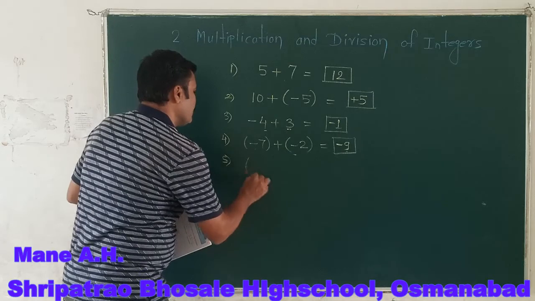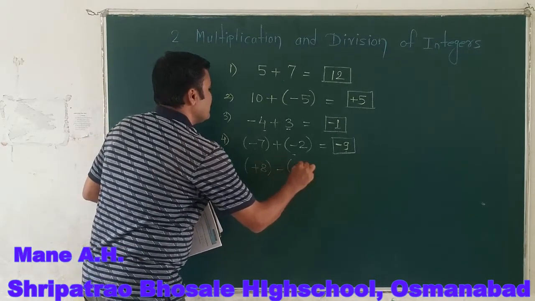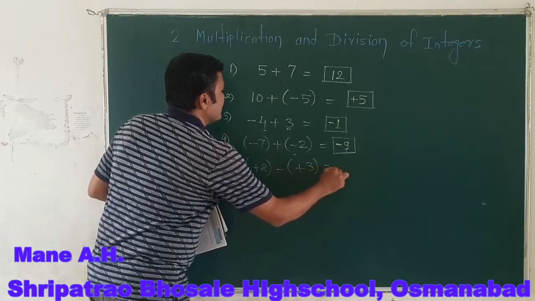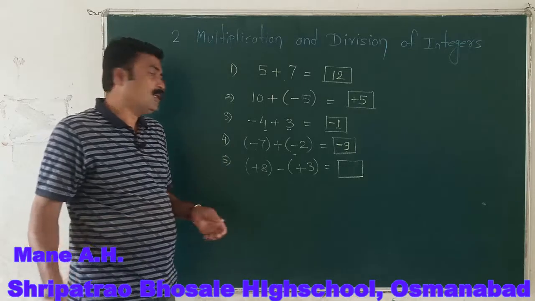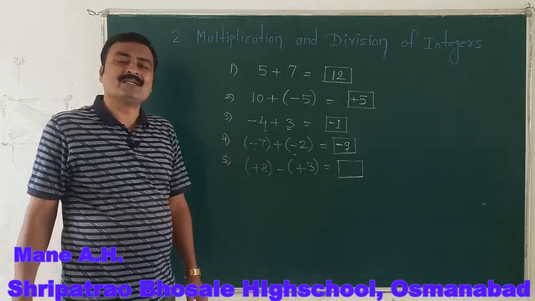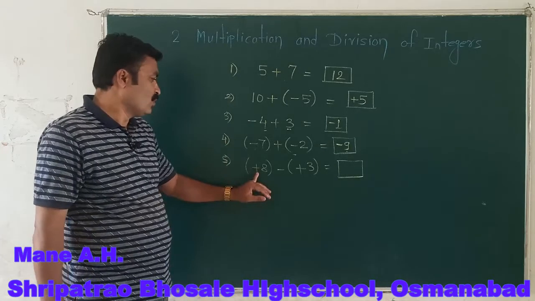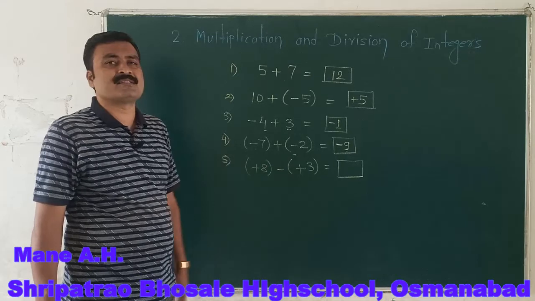Thereafter, in the same question, the fifth example is given in this way: +8 in the first bracket minus +3 in the second bracket is equal to box. Now this is the subtraction between two positive integers. Both positive integers are specially given using the plus sign.